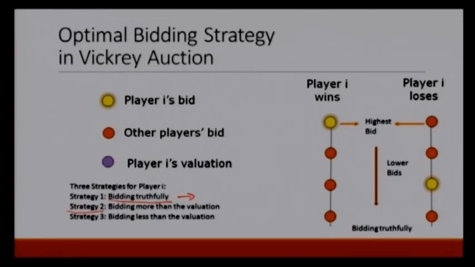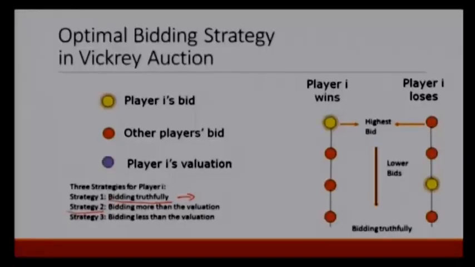Let us see what happens if he bids truthfully. Here is a case, in yellow color it is his bid, and in orange color we have the other players' bids. Since player i is bidding truthfully, he wins only if his bid is highest, otherwise he loses.